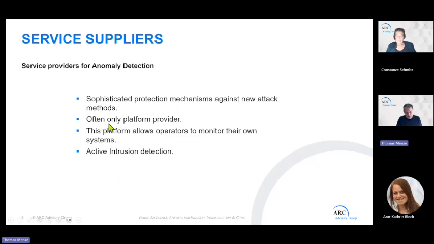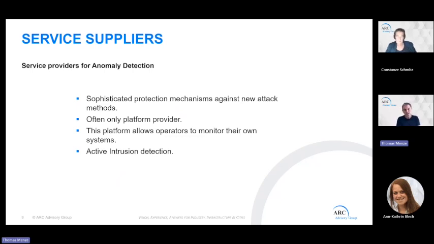Often these kinds of anomaly detection tools are available as one platform. They are ready to use. So it's a piece of software with or without hardware sensors to monitor the traffic in the OT world. And they are really focusing on intrusion detection. These are really interesting partners if you want to add, or if you want to close some cybersecurity issues after your gap analysis without using full service suppliers.